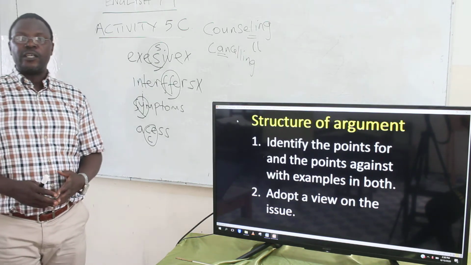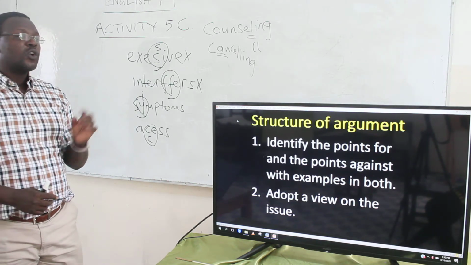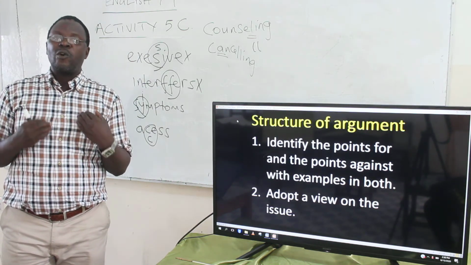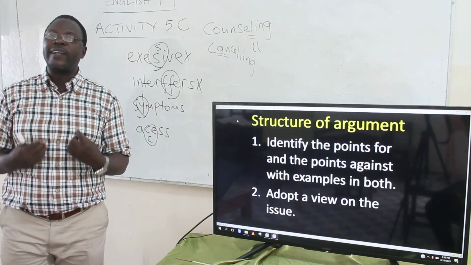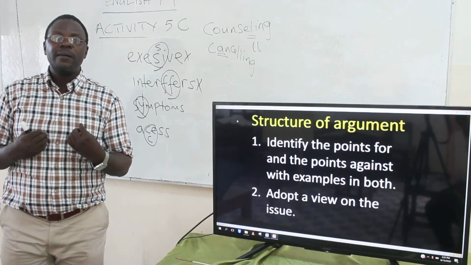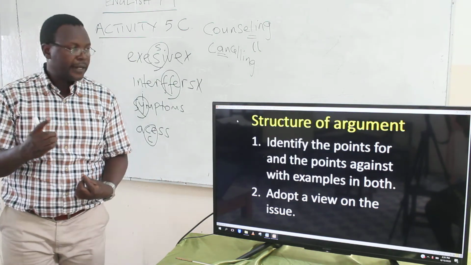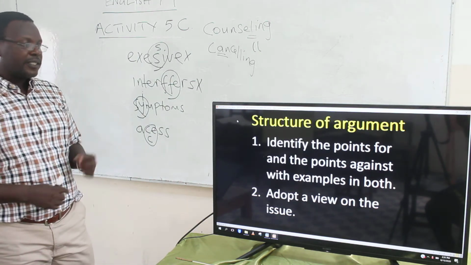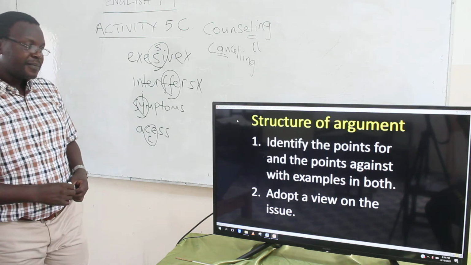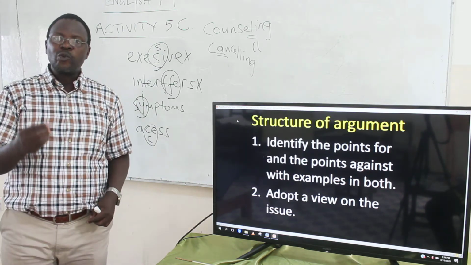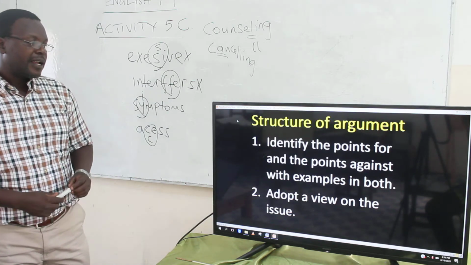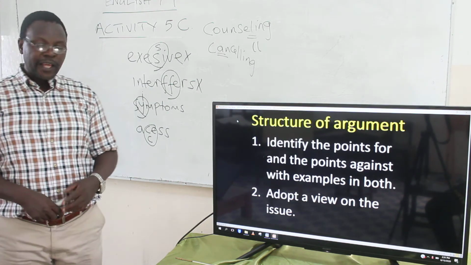This is the procedure. First thing to do when you want to make an argument, you need to have a structure of an argument in your front brain. 1. Identify the points for and the points against. Why is that important? So that you can take a stand. Number 2, adopt a view on the issue.